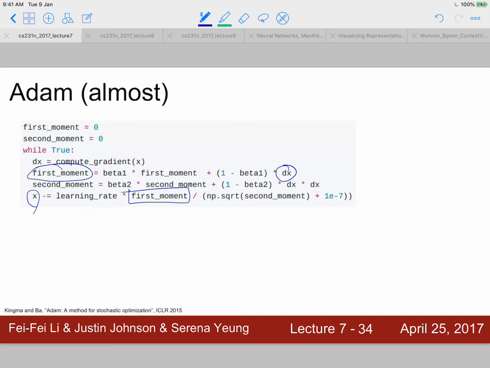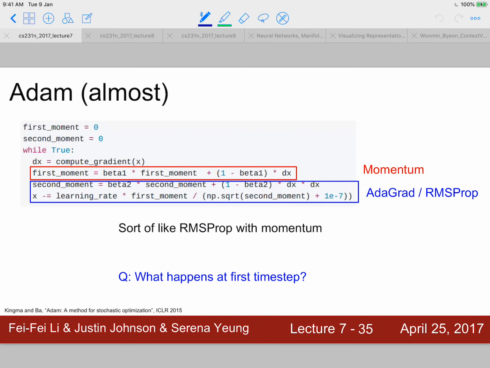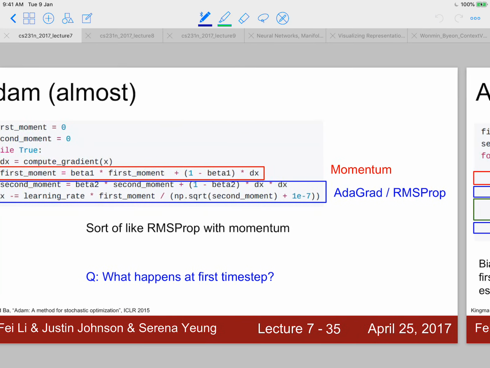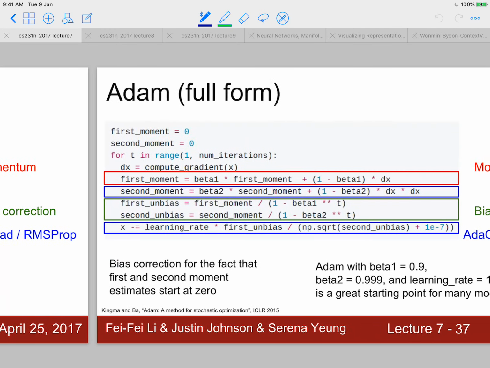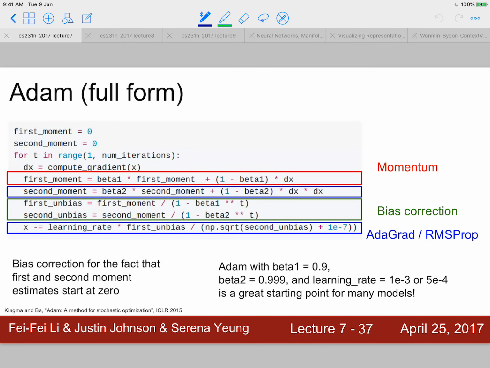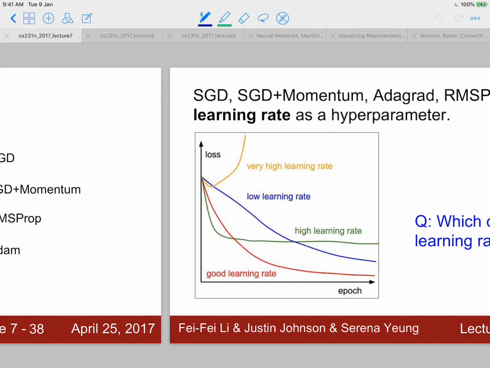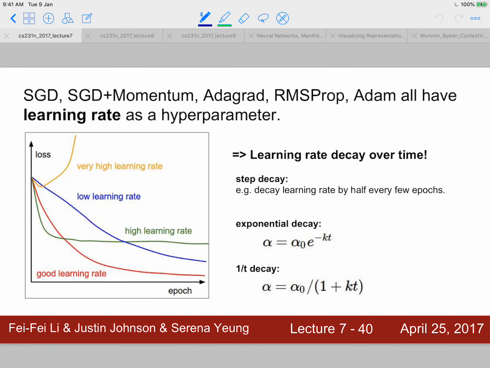Overall, this is probably one of the most frequently used optimizers in many practical deep learning architectures. And then we discussed this tricky issue about bias correction.